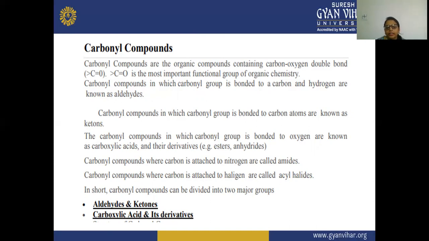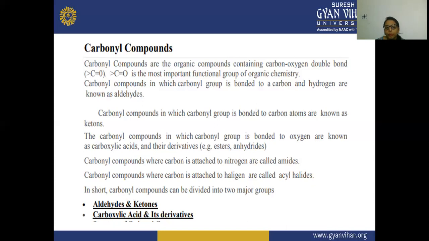If one side is nitrogen, then it is an amide. And if one side is an acyl group and the other side is a halogen, then it is an acyl halide. These are the carbonyl compounds: aldehyde, ketone, carboxylic acids and derivatives, amides, acyl halides.